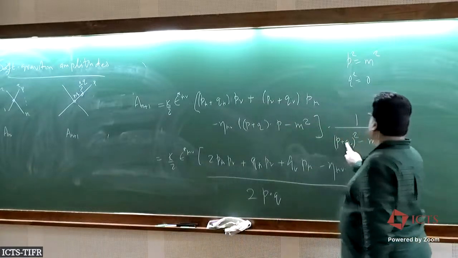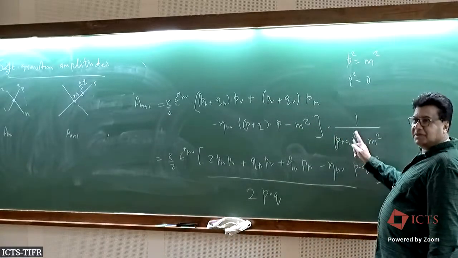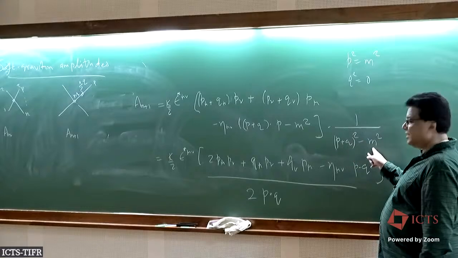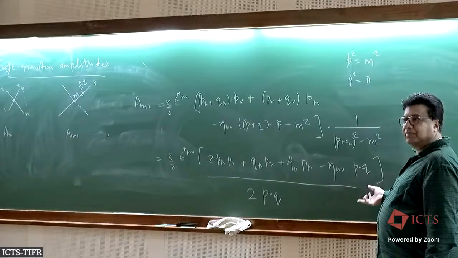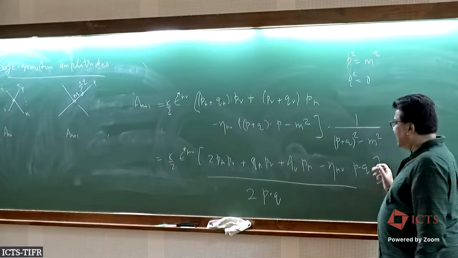So (p plus q) whole square, p square is equal to m square, that cancels the m square, q square is 0. So that just gives you 2 p dot q. Okay. So that is what is left.